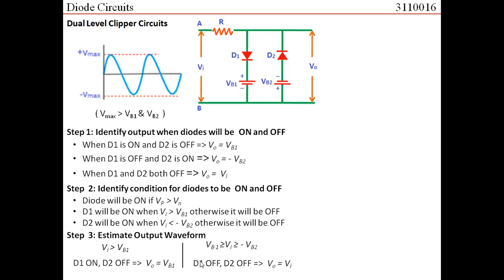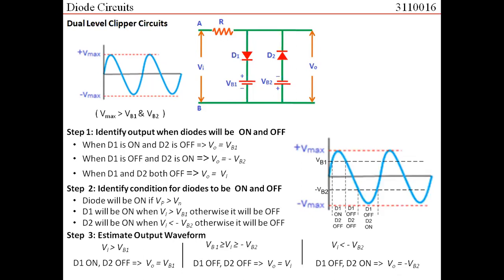It means that both the diodes would be off. So in this case, the output voltage would be the same as the input voltage. The third condition of step 1. And the last part, when the input voltage is less than minus VB2, D1 would be off, D2 would be on, and V0 would be equal to minus VB2.